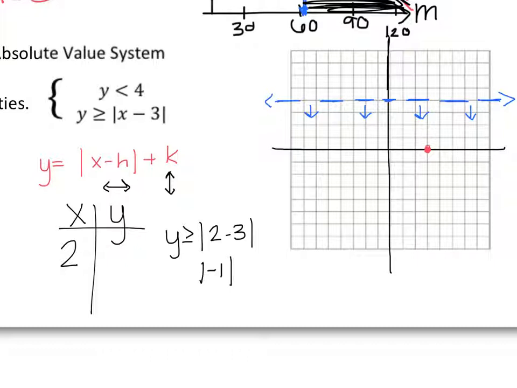What's the absolute value of -1? +1. So we're going to have (2, 1) as a point. You can reflect that to the other side of the graph, and you see where your V is going to be? We got the very bottom part of it. Is that a solid line? Yes, very good. That's a solid line because it has "or equal to."